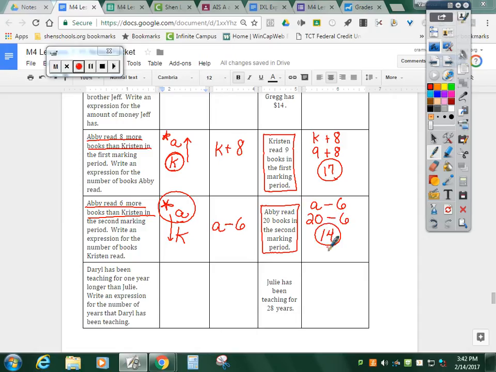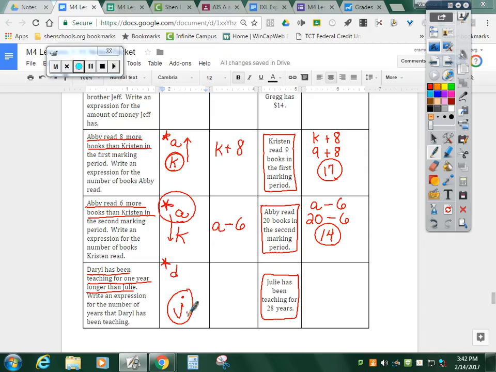In the last example, Daryl has been teaching for 1 year longer than Julie. D represents the number of years Daryl's taught, and J the number of years Julie's taught. Daryl is the teacher with the most years of experience, so I put a star there just to help me. Julie has been teaching for 28 years, so they give me Julie's data.